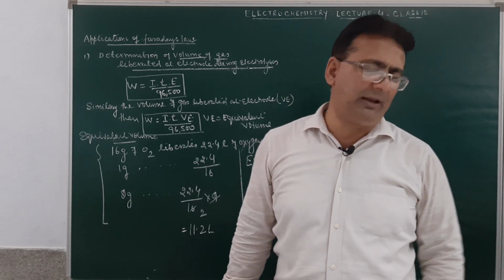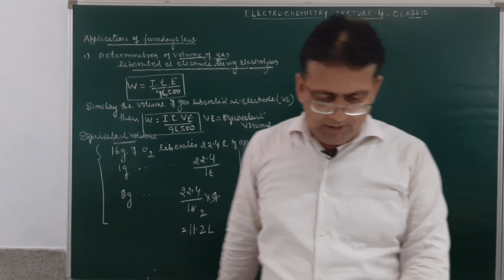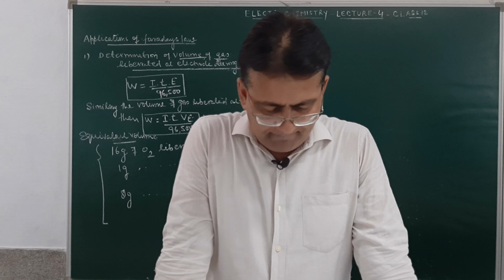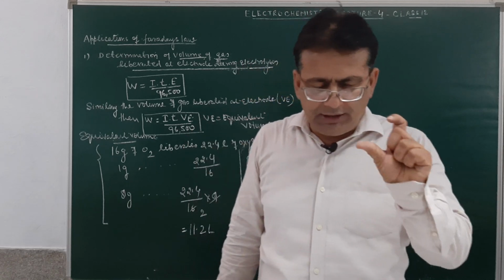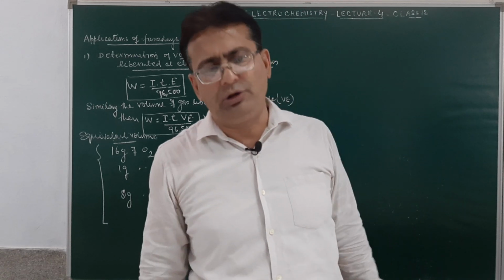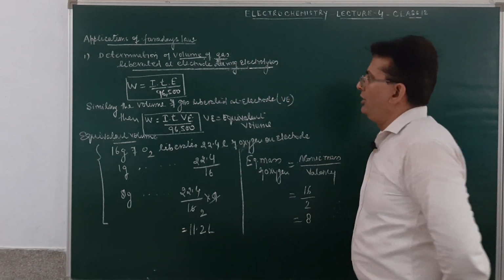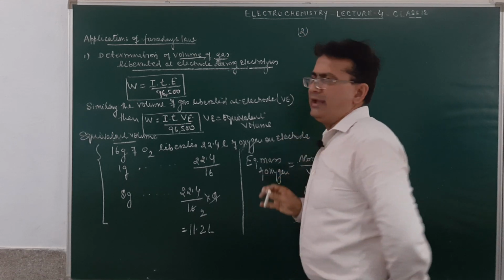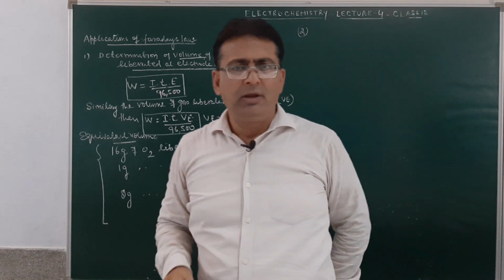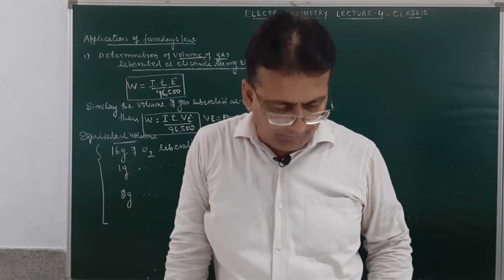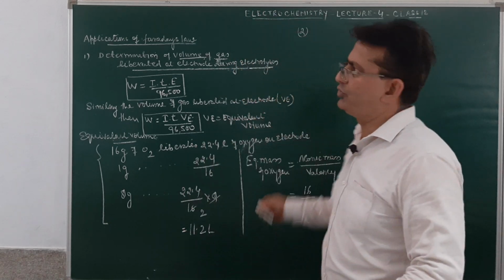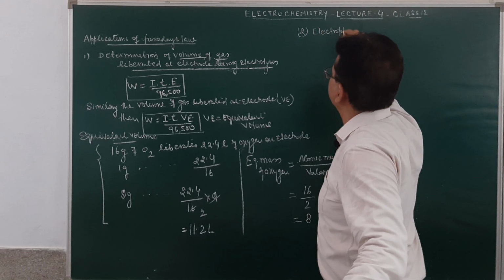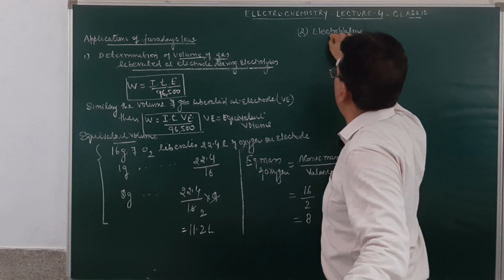Now, the second application of Faraday's law is that it helps in calculating the thickness of a coated layer during the process of electroplating. So the second application will be in electroplating.